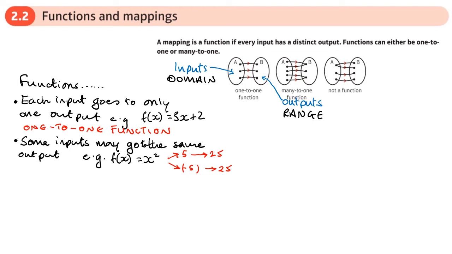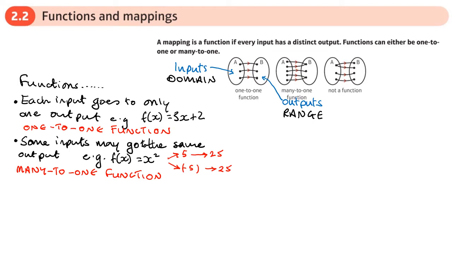If that's the case, the function is called many-to-one. So this would be a many-to-one function because different inputs can go to the same output. So these are examples of functions.